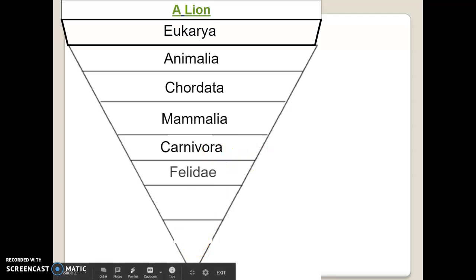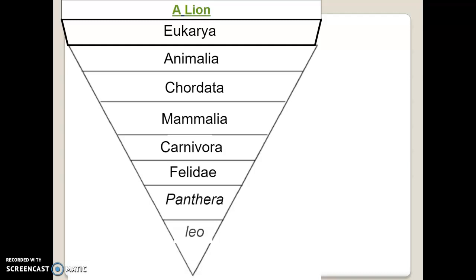After Carnivora, then we go to family Felidae, so typically we refer to that as the cat family. And then the last 2 levels are the genus and then the species. And you notice they're written a little different. So the genus and the species, the last 2 classification categories, this is where you also will get your scientific name. So a lion is a common name for an organism.